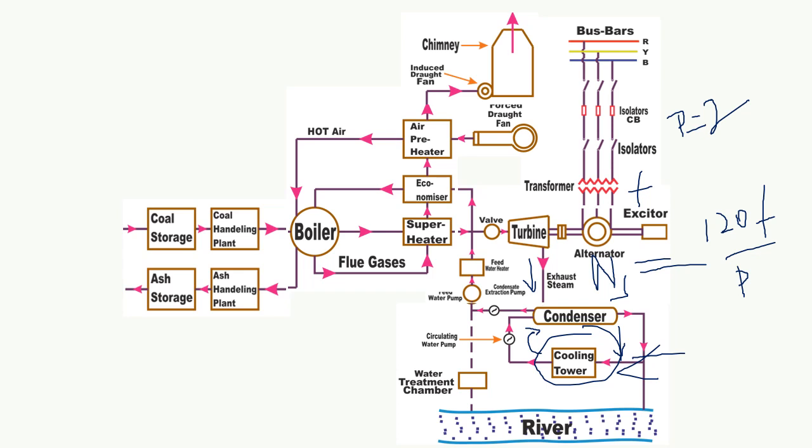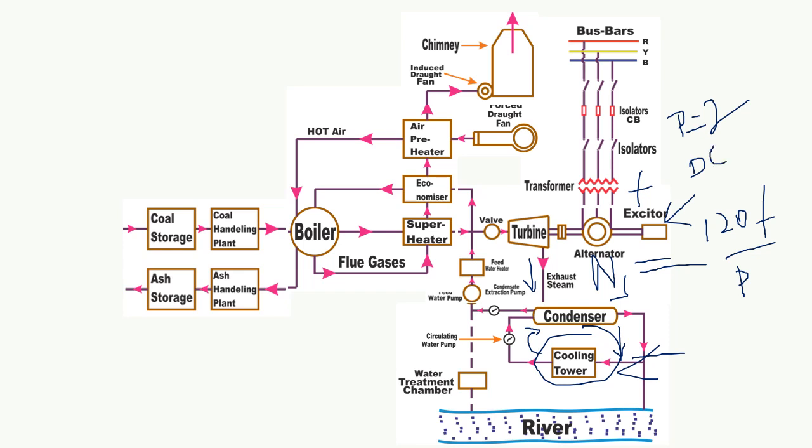If two pole generators are used, the speed will be 3000 rpm, and if four pole, it is 1500 rpm. These are the two different types of poles which are used in an alternator. Now the next is your exciter. What is an exciter? An exciter is basically a small DC generator.